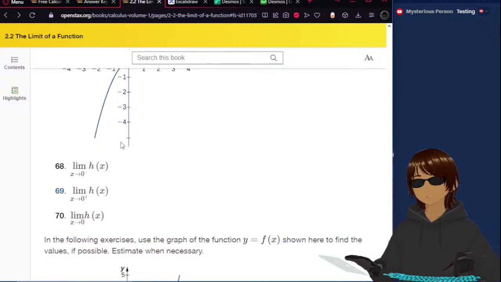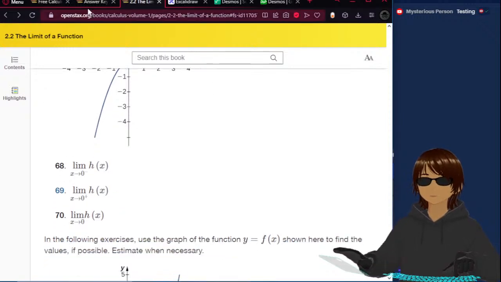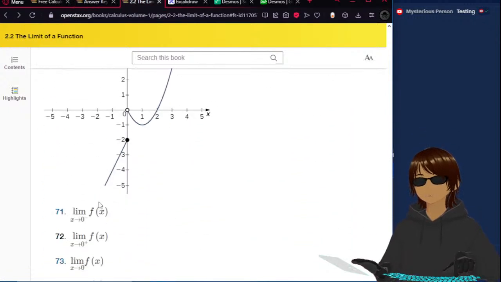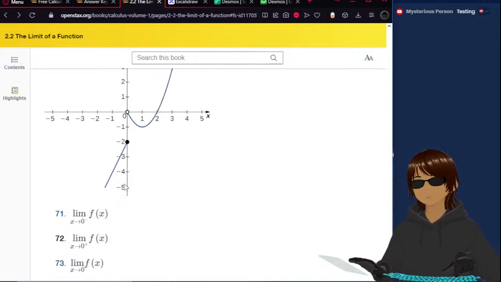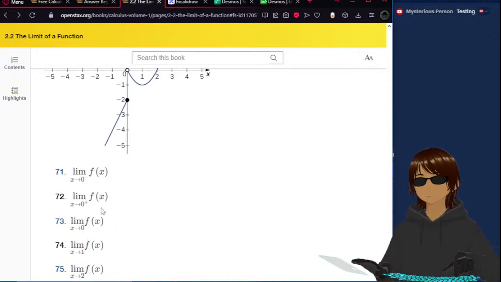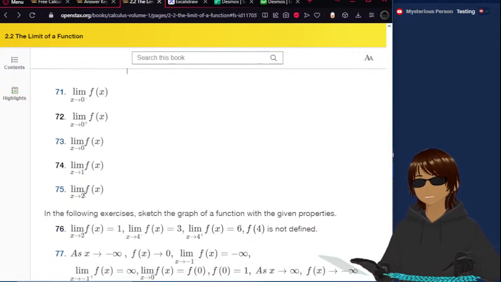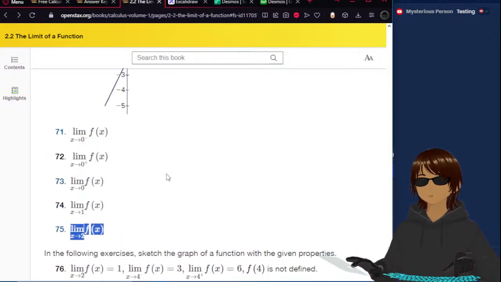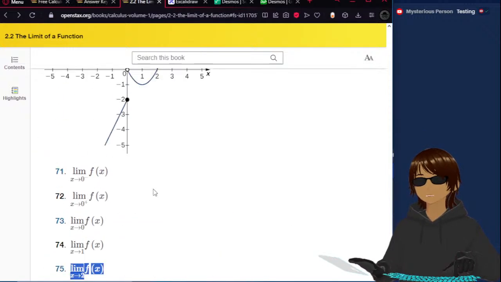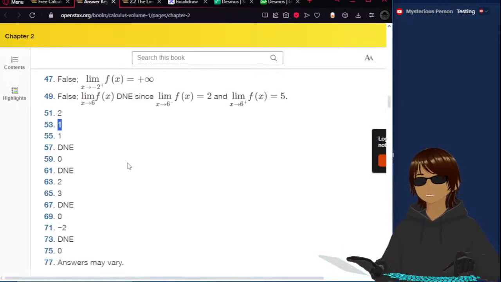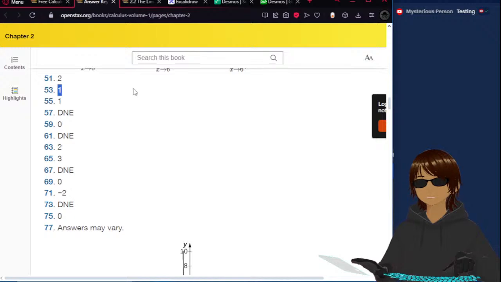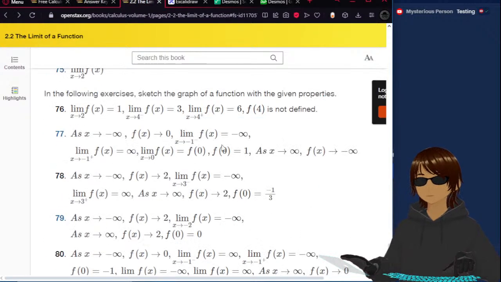They're both 0. 69, yeah. 0. Then 71. 0 from the negative side, it's minus 2. From the positive side, it's 0. Overall, it doesn't exist. And then x approaches 2, I mean. It's 0. So minus 2 doesn't exist and 0. Okay.